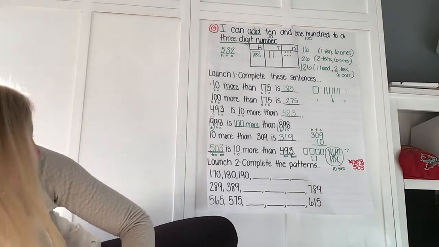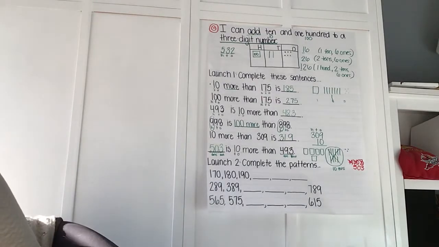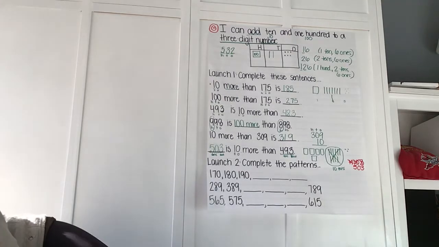On your second pattern, I see you plugged in that first one. In that second pattern, what digit is changing? How do you know that it's the hundreds place is changing? Because your 8 and your 9 are staying the same both at the beginning and at the end. Absolutely. You see 789. So what are those numbers that are going to go in those blanks?